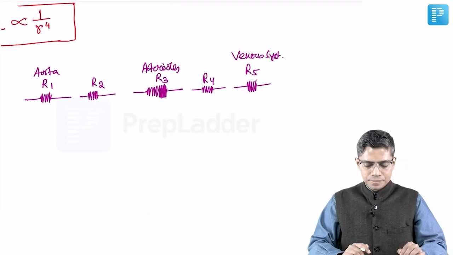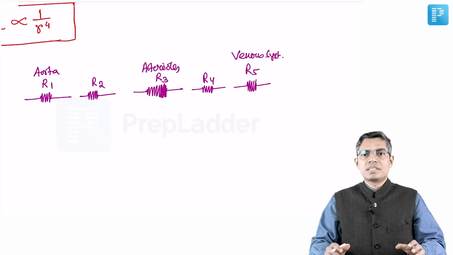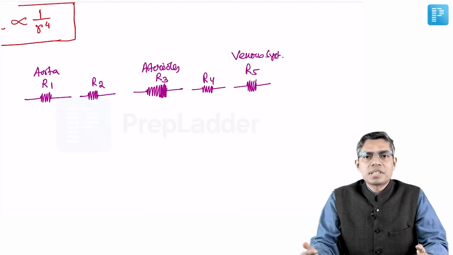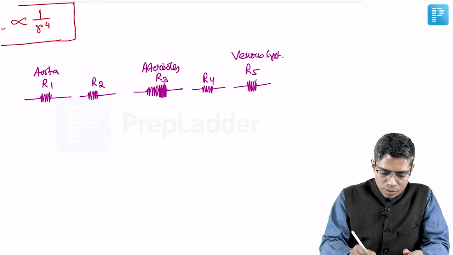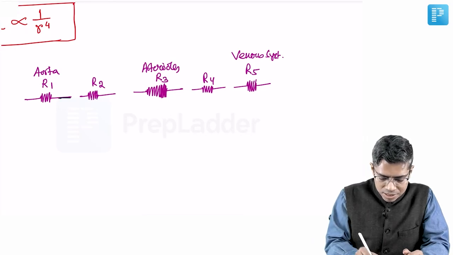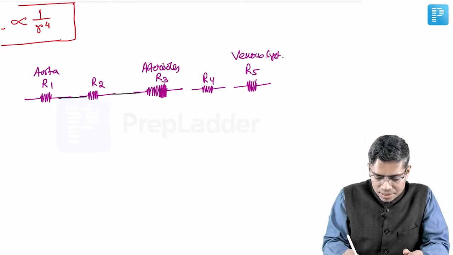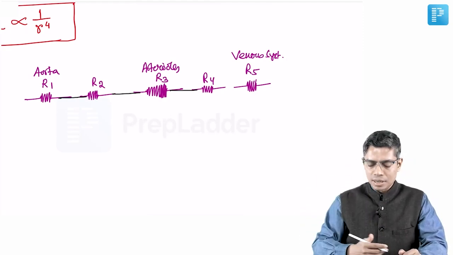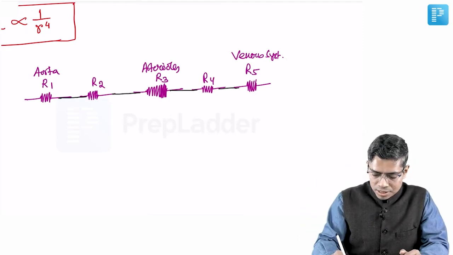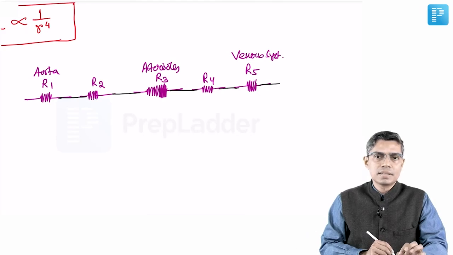Now, if I ask you, all these resistances, they are connected in which kind of circuit? The circuit of physics. Obviously all of you can answer that, sir, all these resistances are connected in a series circuit, because the aorta is connected with the artery, then the artery is connected with the arterioles. So this way all these resistances are connected in a series circuit.